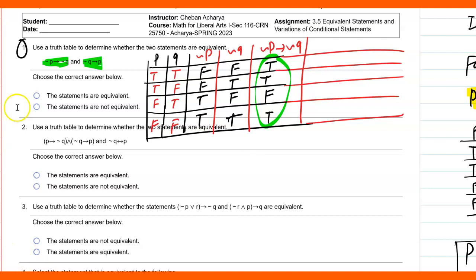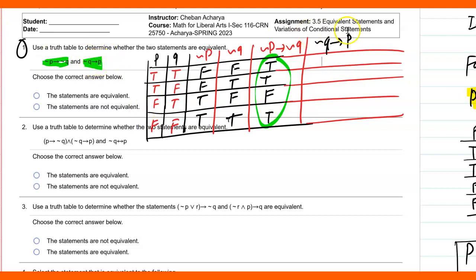Now let's find the truth value of not Q right arrow P. Do you have a not Q here? Do you have a P here? Therefore, I'm finding not Q right arrow P. Okay, that's this statement here.